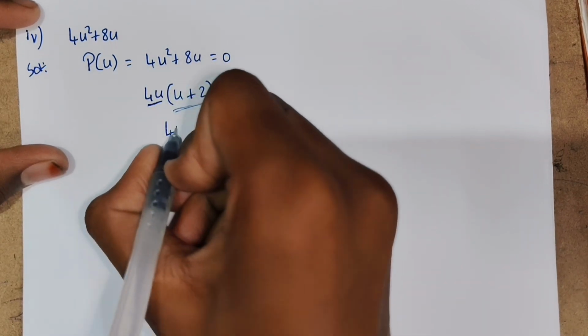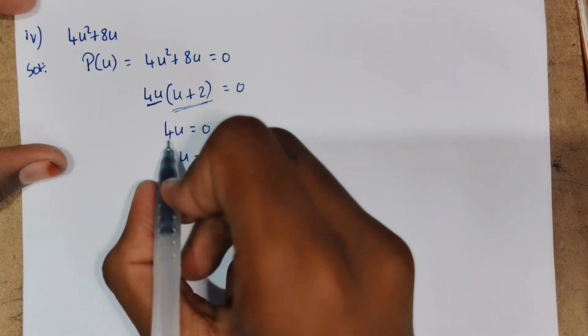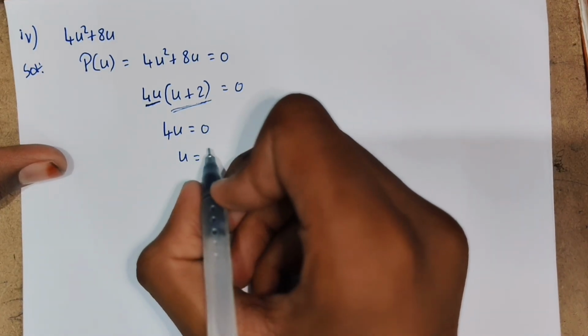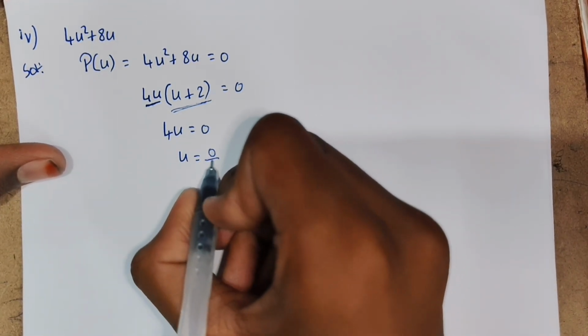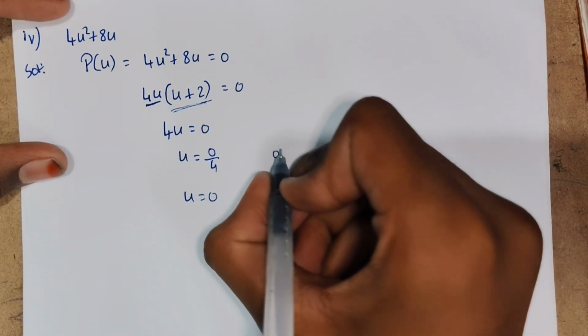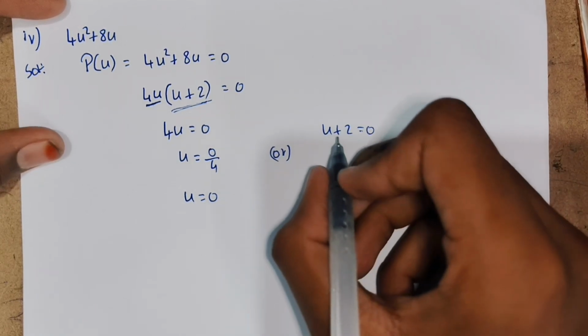So 4u is equal to 0. U is equal to, if we transfer 4 to the right side, we get 0 by 4. U is equal to 0 or u plus 2 is equal to 0.